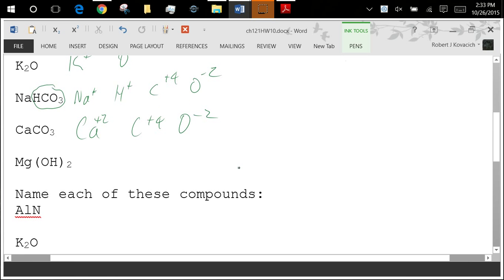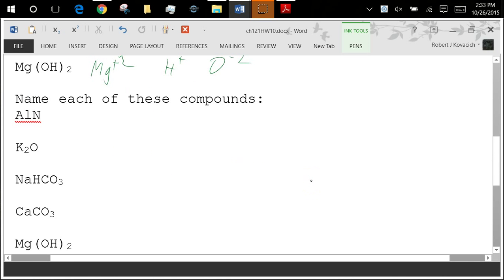Next. Why? Group 2. And then the hydrogens are +1 and the oxygens -2. So -2, -2, -4, +1, +1, and then +2, so they cancel out. Everybody all cancels. Okay, let's name these guys.